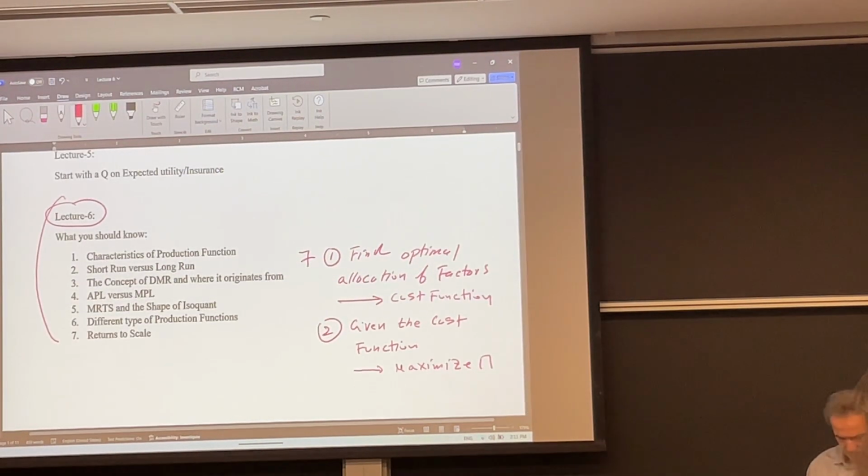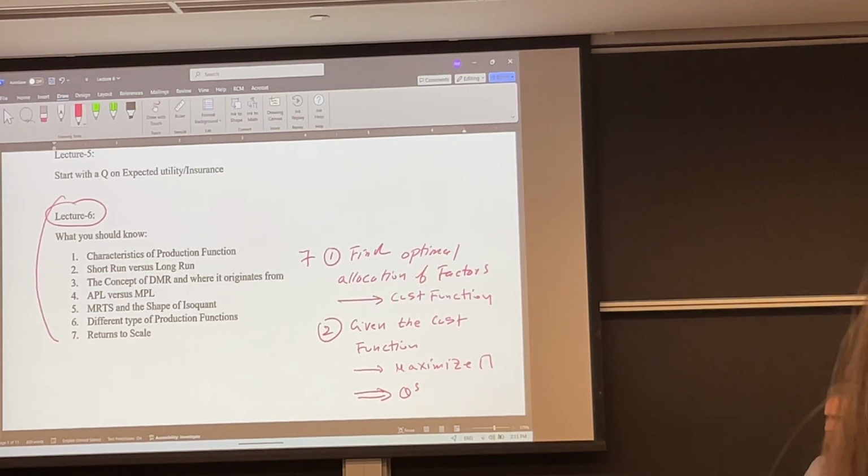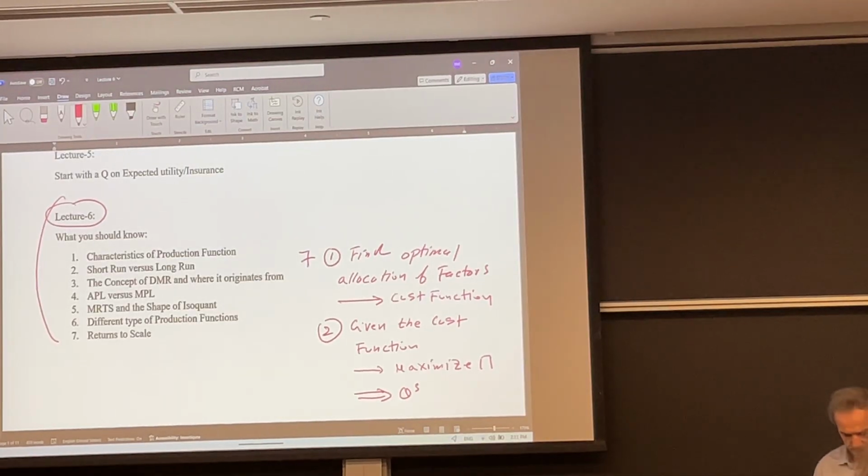I will give you a bar, so you end up with two-step optimization. Find the optimal allocation of factors that will give you the cost function, take it, and maximize profit to get the supply function. Fine, that's lecture number 8.